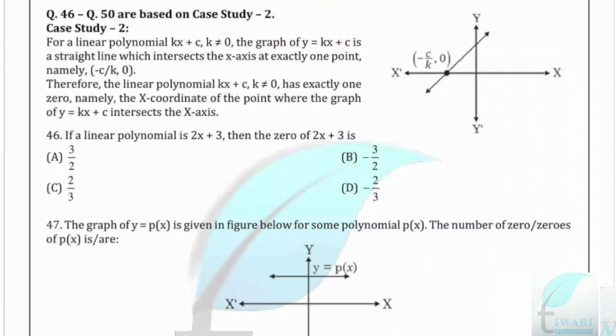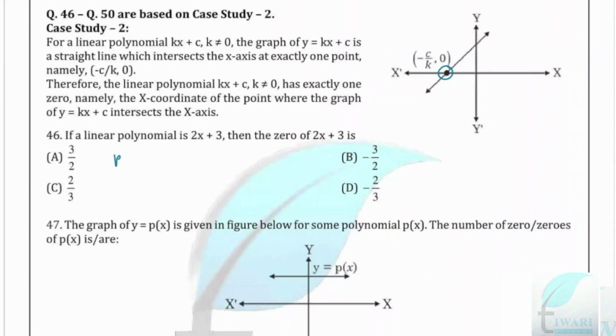Therefore, the linear polynomial kx plus c where k is not equal to 0 has exactly one zero, namely the x coordinate of the point where the graph of y equals kx plus c intersects the x-axis. So question number 46 is, if the linear polynomial is 2x plus 3, then the zero of 2x plus 3 will be what?